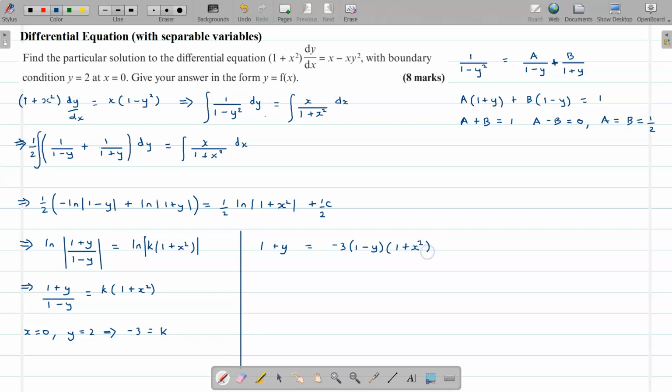So all I've got to do now is carefully get y on its own on one side. If we expand this out, we've got 1 plus y equals minus 3 times 1 plus x squared minus y, and I've also got minus yx squared.